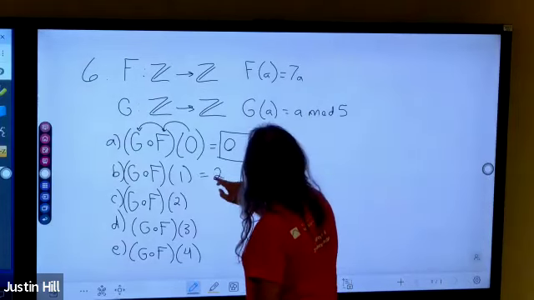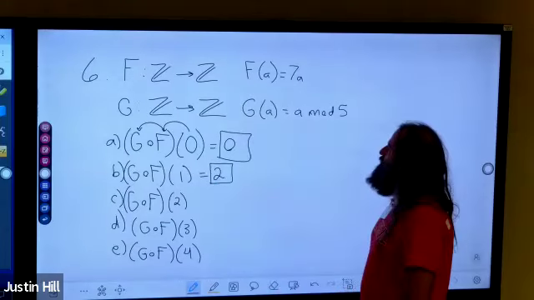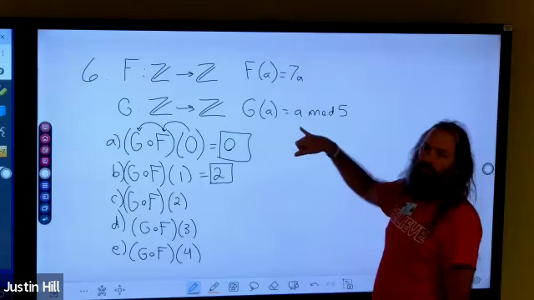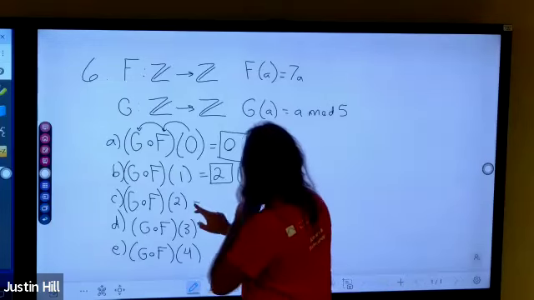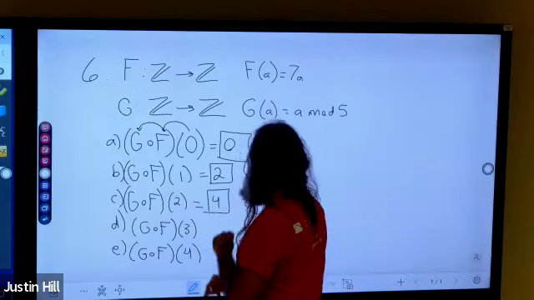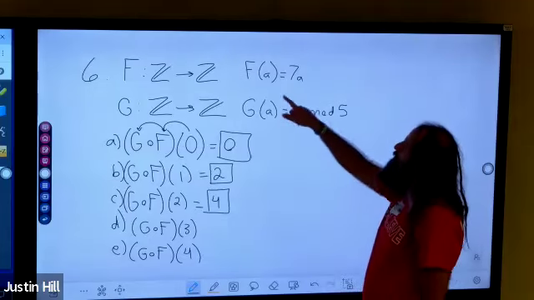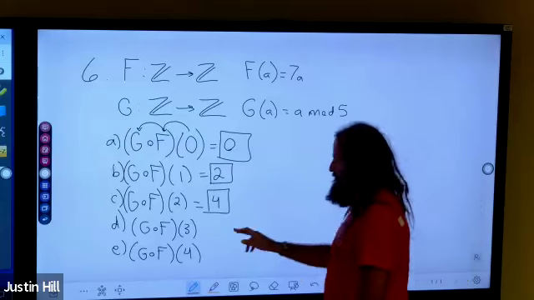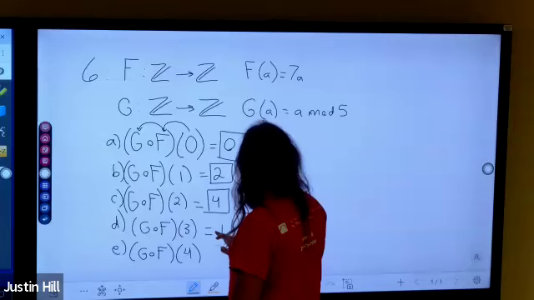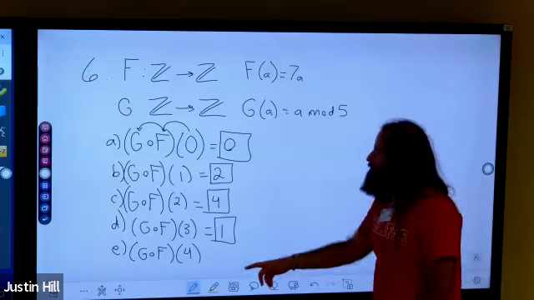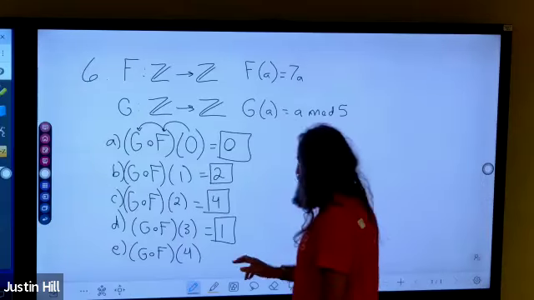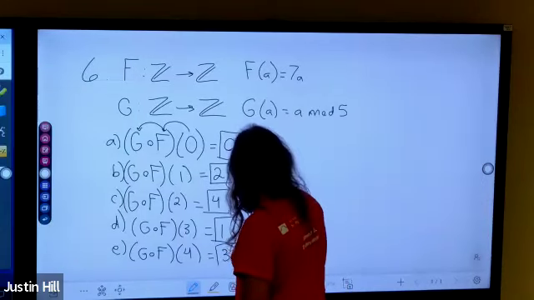You should have got 2 for that. G compose f of 2. So 2 into f, 7 times 2 is 14. What is 14 mod 5? That's going to be 4. Then we'll do 3. 7 times 3 is 21. What is 21 mod 5? Good, that's a 1. And then finally on 4, 7 times 4 is 28. And what is 28 mod 5? That's a 3. And you've got it.